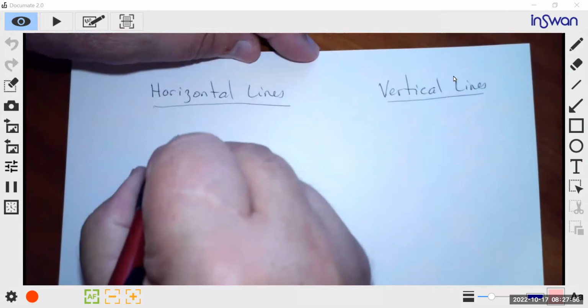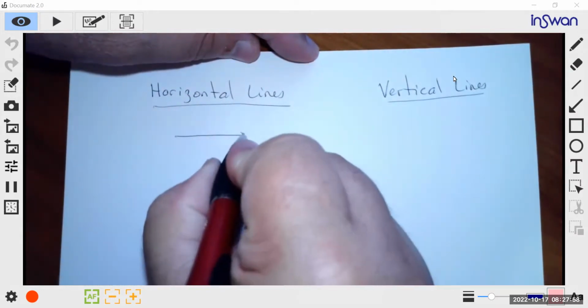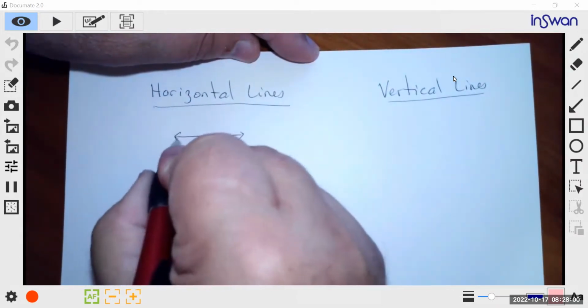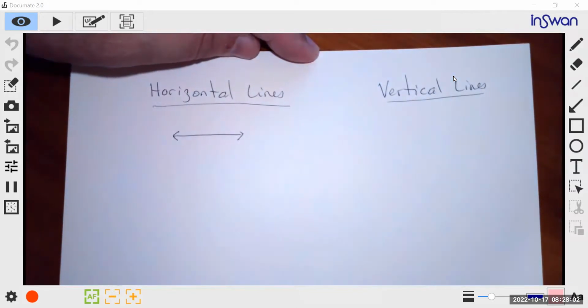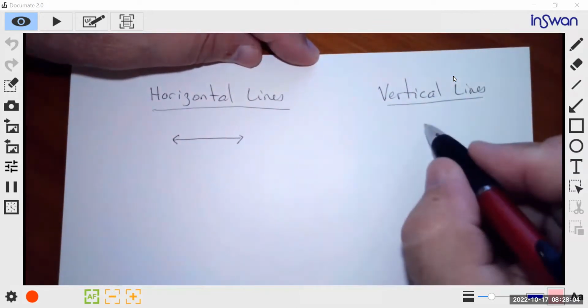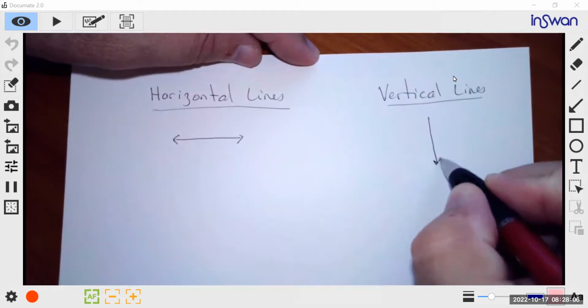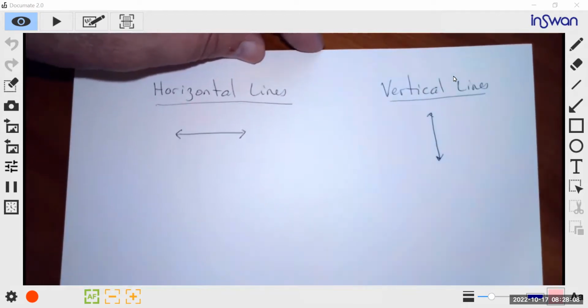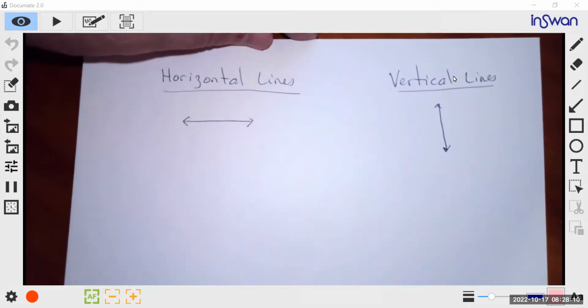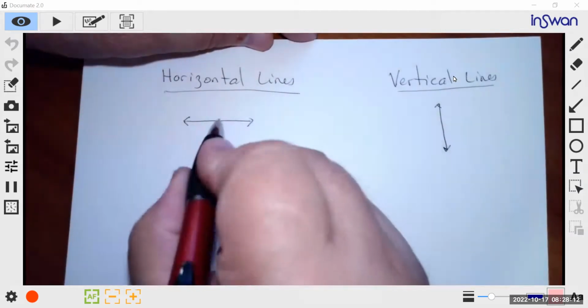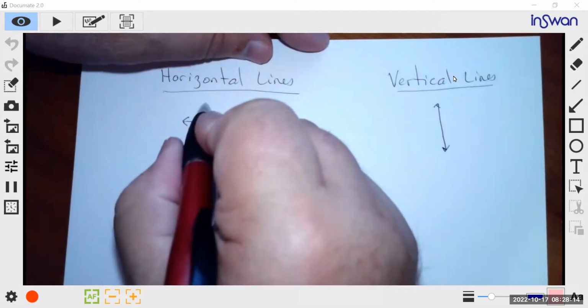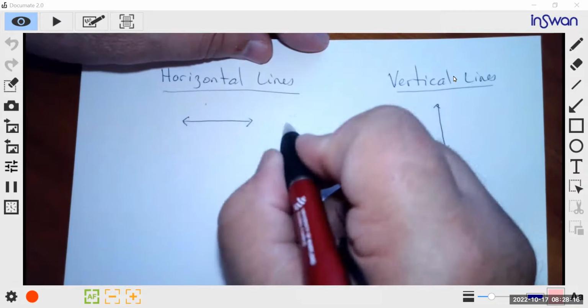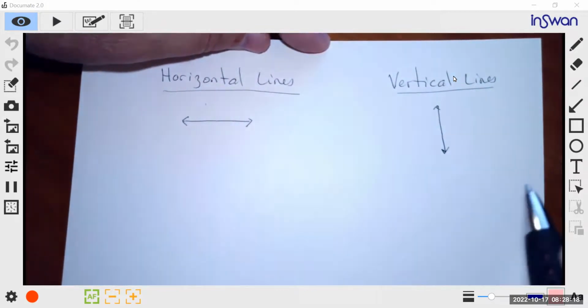Horizontal lines go left and right. Looks like the horizon. Vertical lines go up and down. Now, let's look at the slope. What do you think the difference of the slopes are?